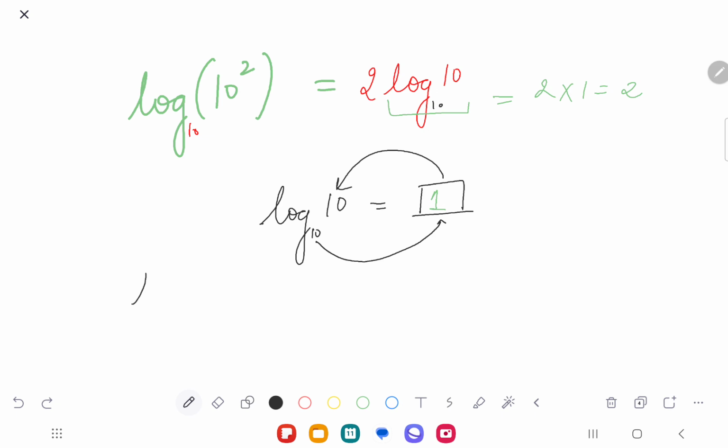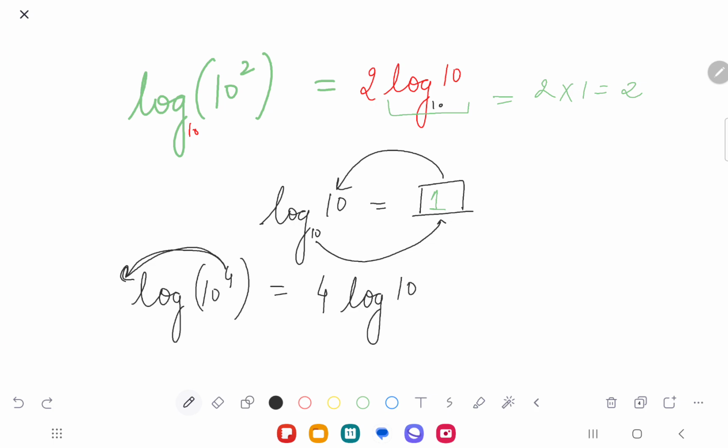Similarly, when I say log 10 raised to power 4, that means 4 is going to come forward. And that is going to become 4 times log 10, isn't it? When nothing is written at the base, it basically becomes base 10.